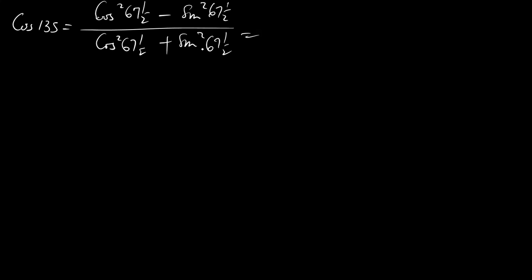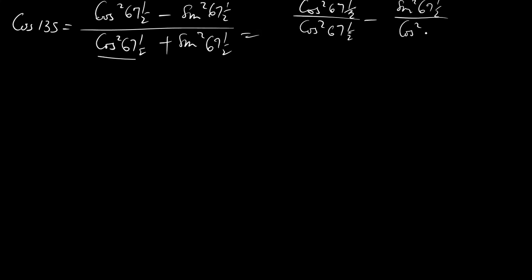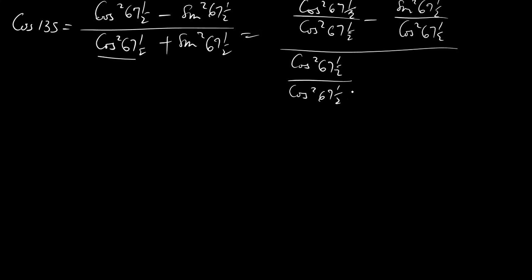Now dividing the numerator and the denominator by this cos square 67.5, you have cos square 67.5 divided by cos square 67.5 minus sine square 67.5 divided by cos square 67.5, all divided by cos square 67.5 divided by cos square 67.5 plus sine square 67.5 divided by cos square 67.5.